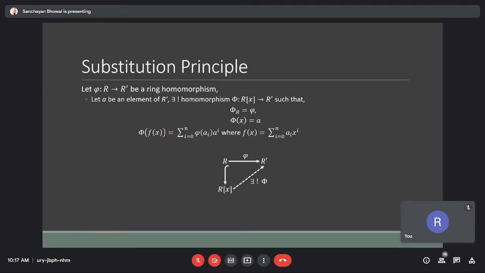So what does this say? That if I have two rings with a homomorphism pi, so I take this polynomial ring Rx. It says that there exists a unique homomorphism from Rx to R dash such that when phi is restricted to R, what does this mean?